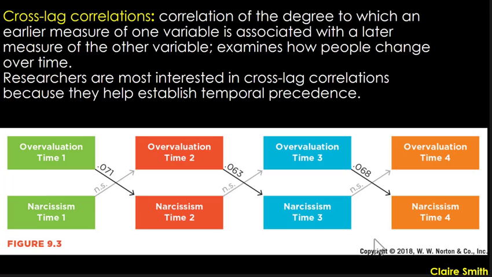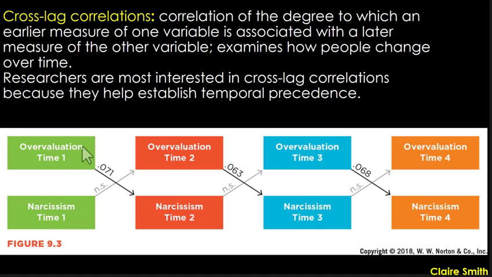And then the last type of correlation in a longitudinal study, which is the most important, is a cross-lag correlation. So instead of looking at the relationship at time 1, the relationship at time 2, or at a single variable across time, you're starting to cross over.